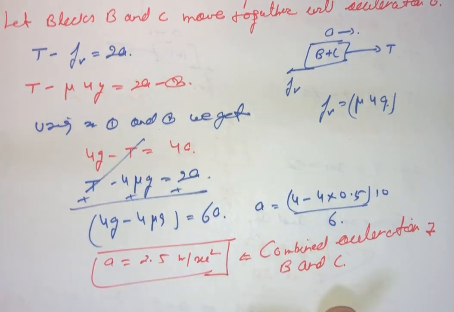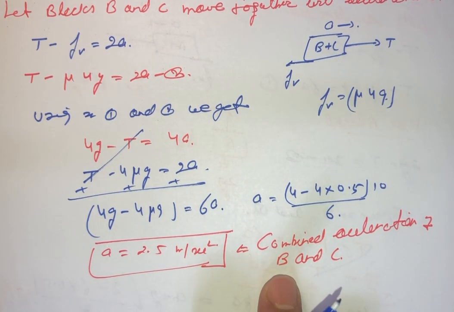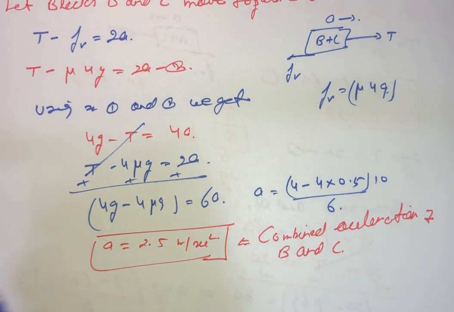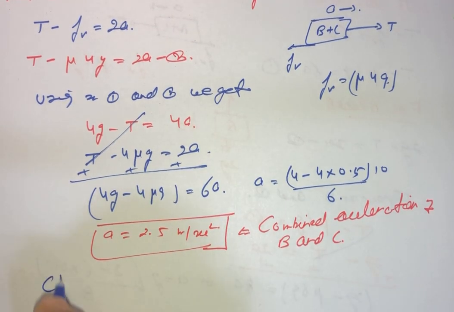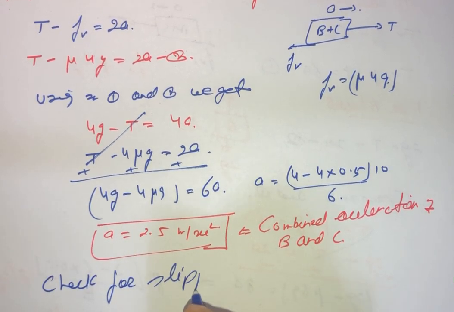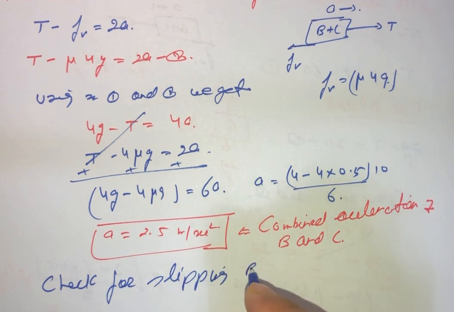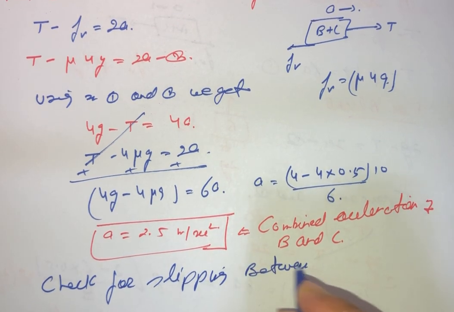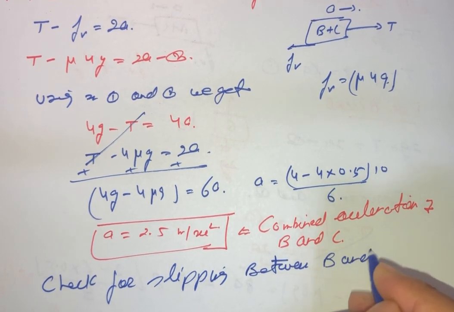So we are going to find out whether there will be any slipping between B and C. If there is slipping between B and C, they both will be moving with different accelerations, and if there is no slipping, then this value will be the acceleration of C. So we check for slipping between B and C.